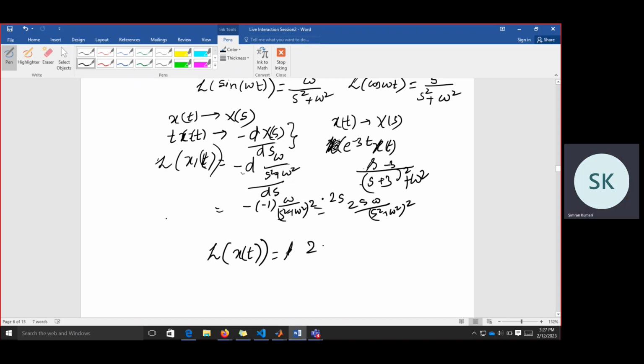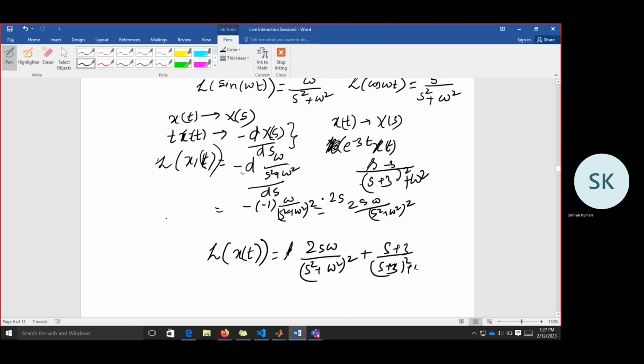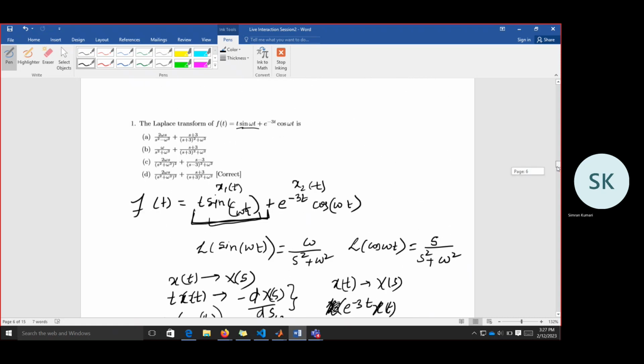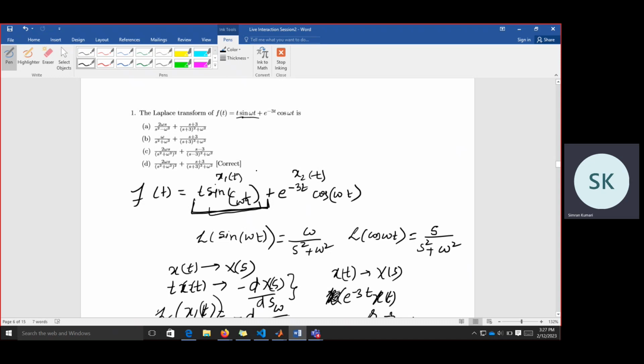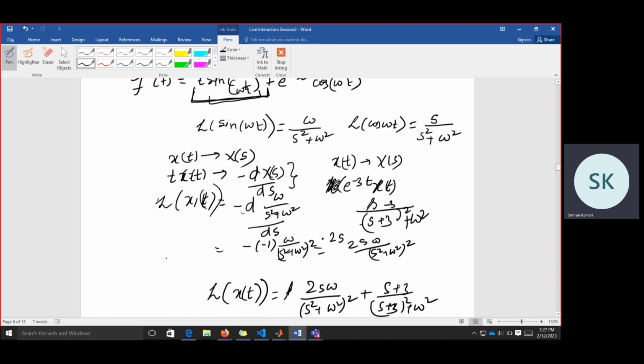What will be this? Okay. Yes. Why is it differentiation with respect to s?